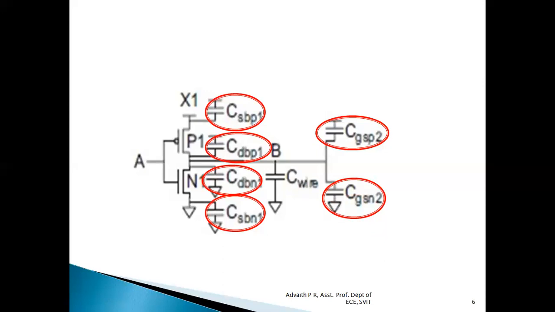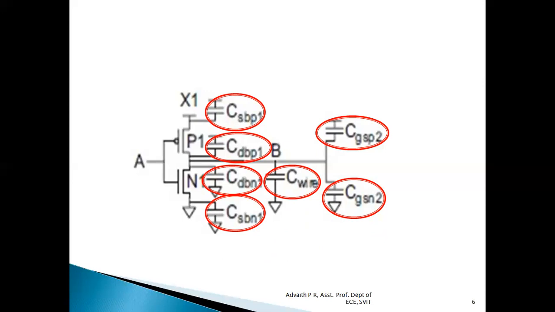In addition to that, the load capacitance is also included with C wire, the capacitance of the wire which links inverter X1 to inverter X2.